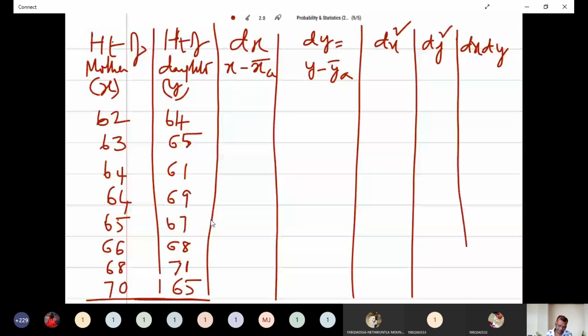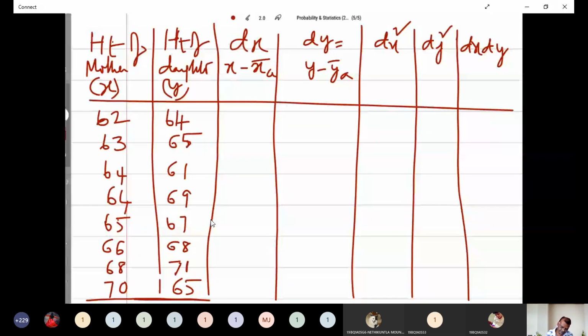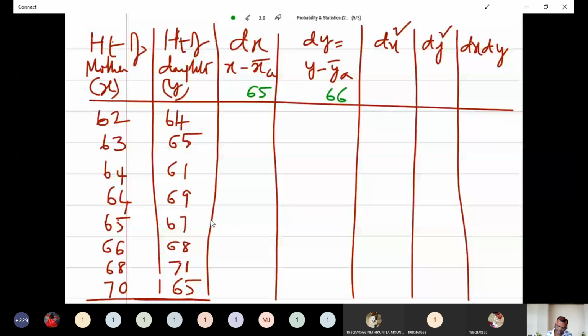Now, change the color, say green. This is 65, this is 66. 62 minus 65 is minus 3. 63 minus 65 is minus 2. 64 minus 65 is minus 1.